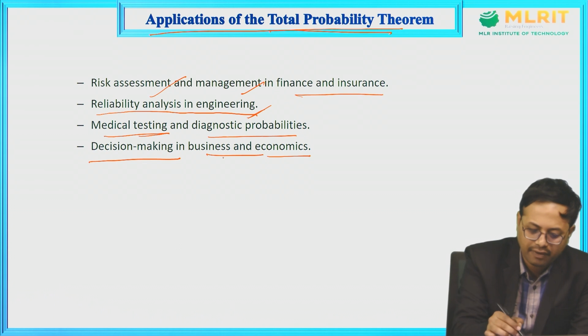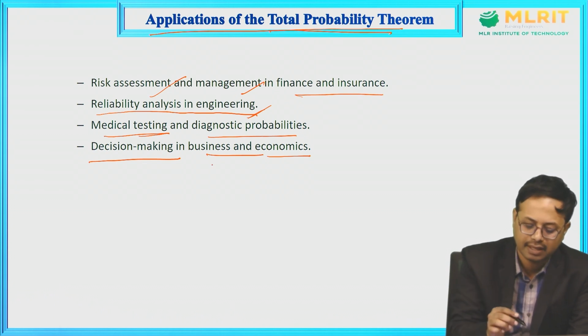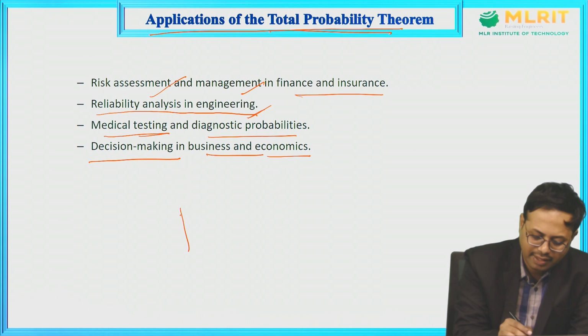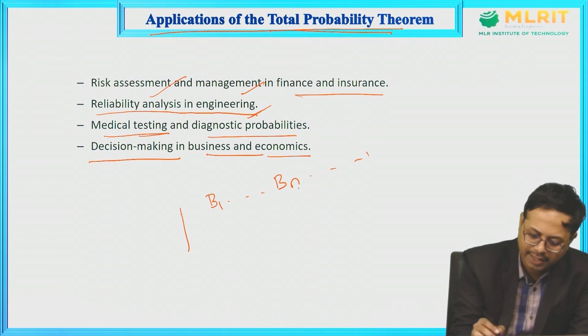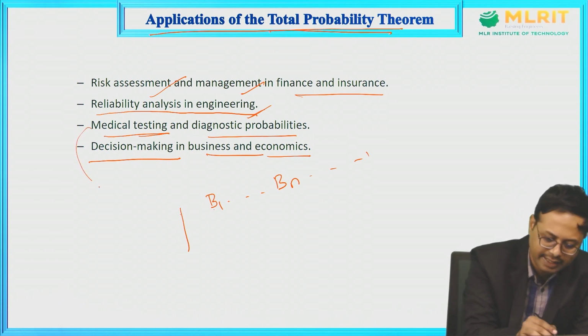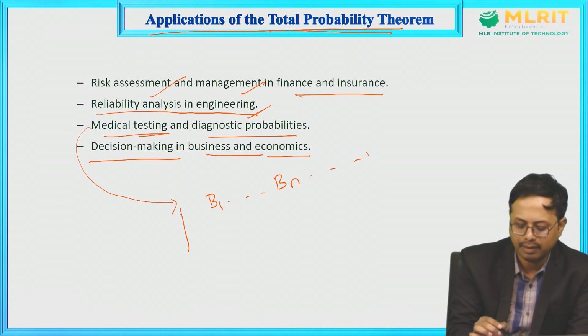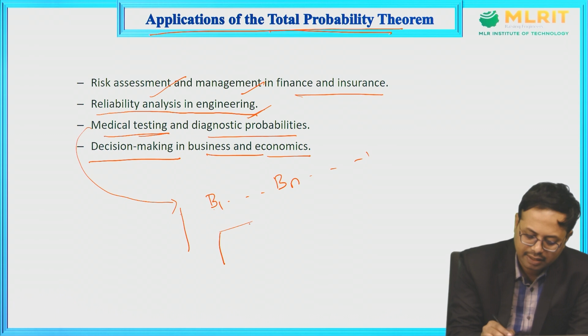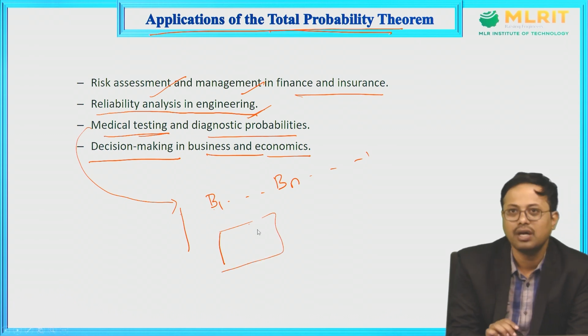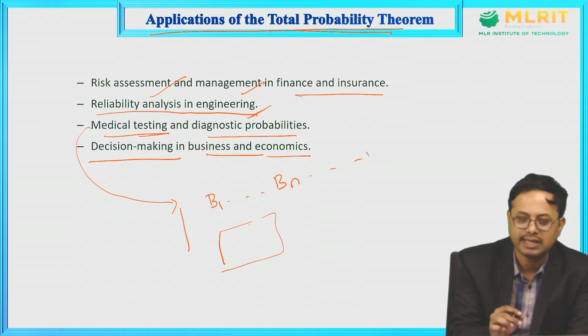In all these applications there is a common factor: B1 to Bn, n number of events. For example, in medical testing, B1 to Bn are the n number of cases available, and there will be a common factor to identify the disease or some virus.